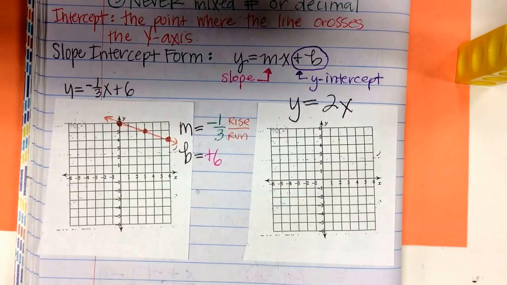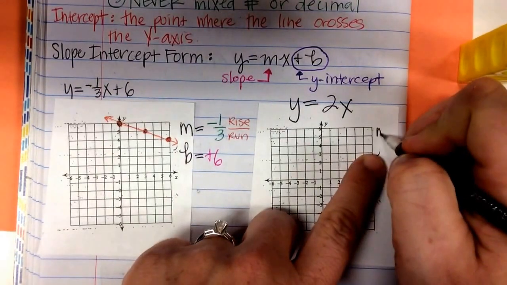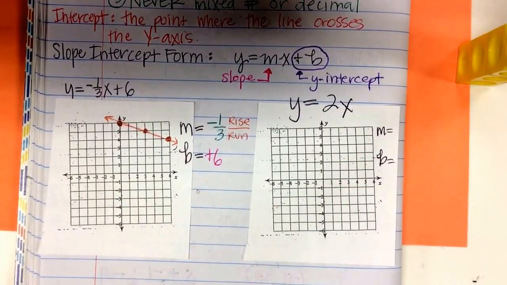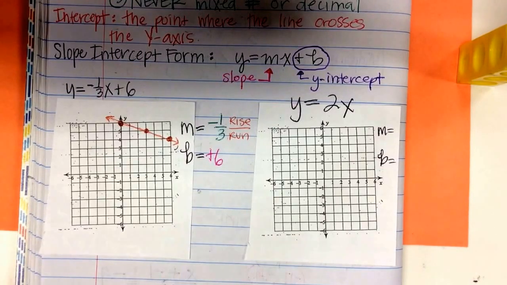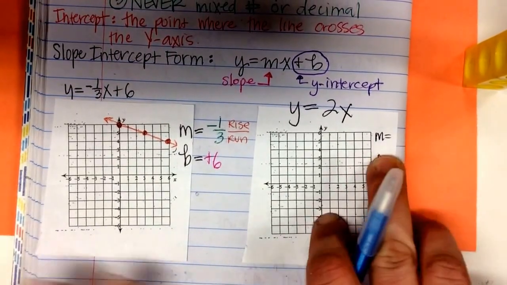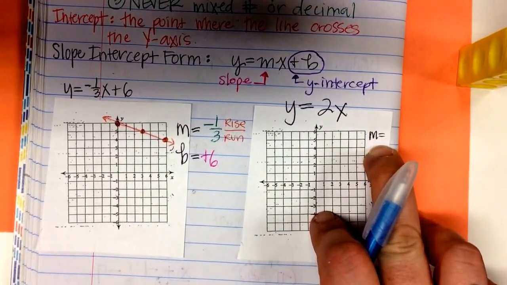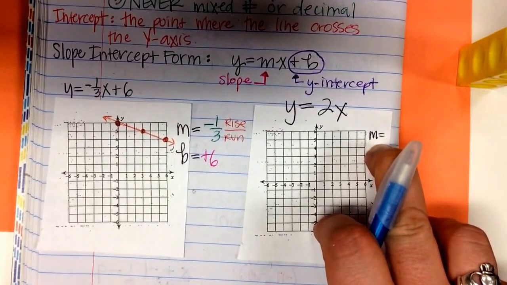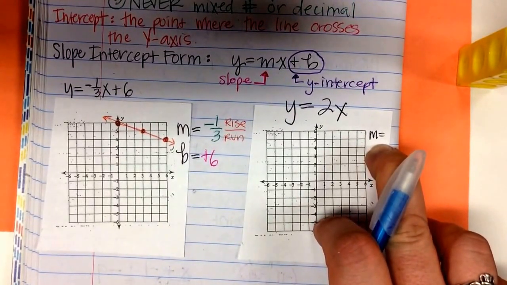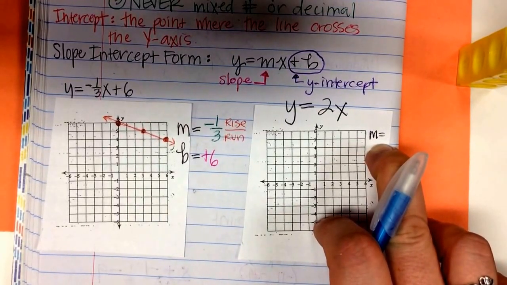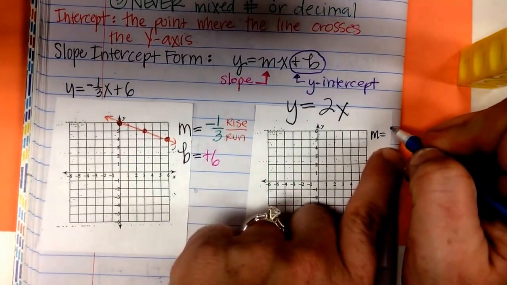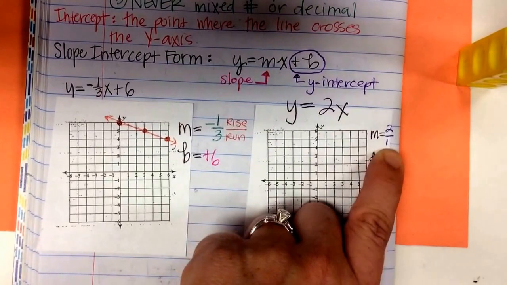So again, to graph it, I have to find my m and my b. Looking at that equation, can you identify the m, the slope? It's whatever touches the variable x. But wait a second, I thought it had to be a fraction. What touches x? 2. So how do I make it a fraction? 2 over 1.